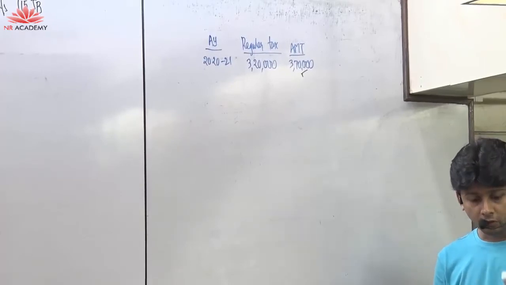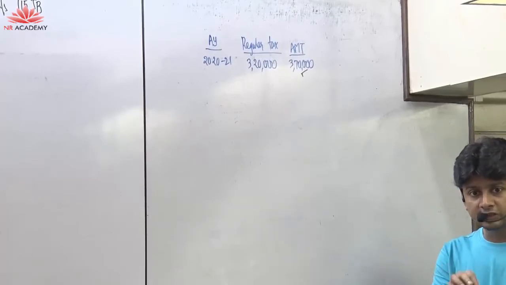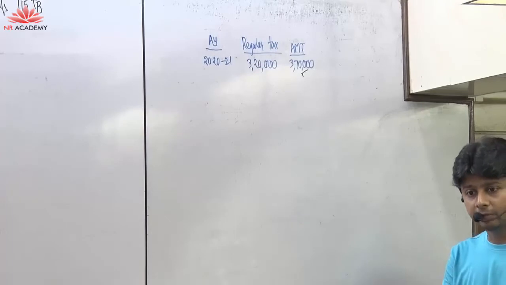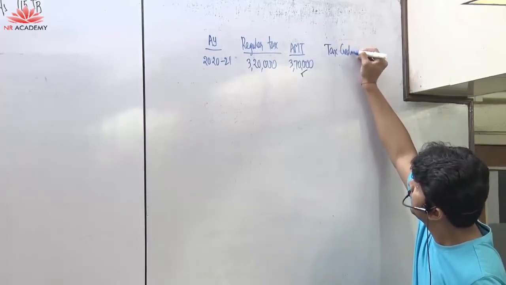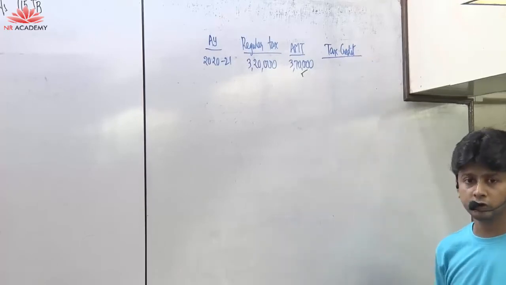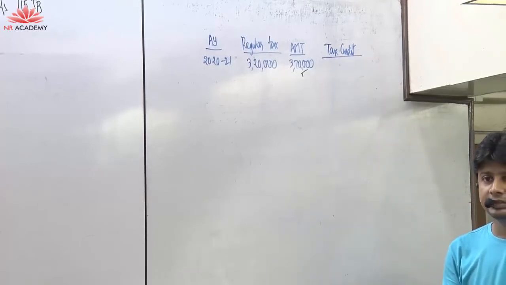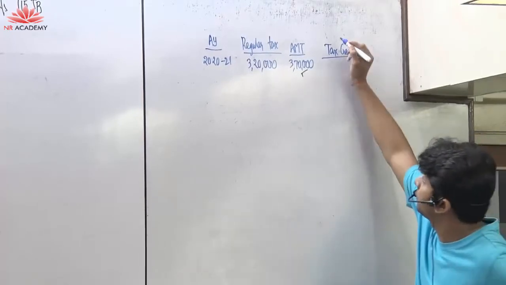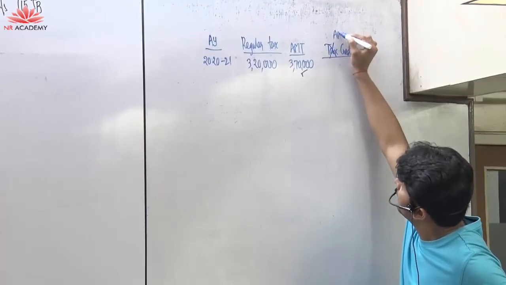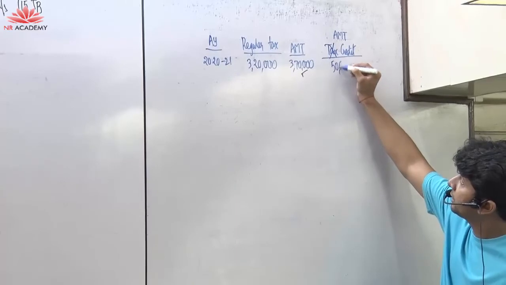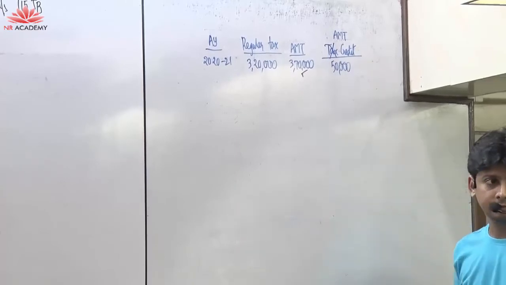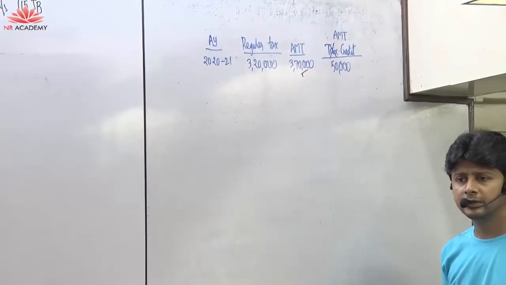So the government says, okay, since we are imposing a minimum amount, since we are collecting a minimum amount, we will give you a tax credit. So the extra that you are paying is your tax credit. In better words, I would call it AMT credit. I'll say the difference extra that you are paying is AMT credit. What does this mean?